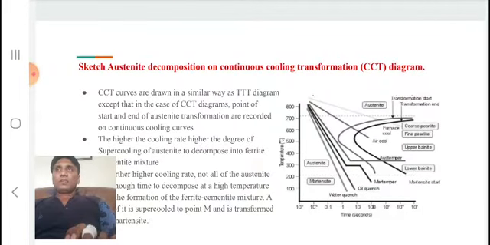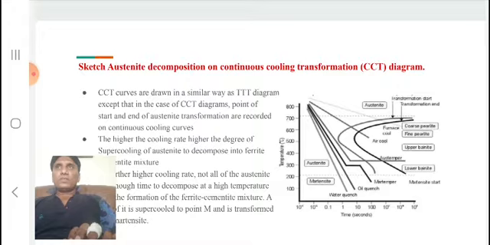So CCT curves are drawn in a similar way as TTT diagrams, except that in case of CCT diagrams, the start and end points of austenite transformation are recorded on continuous cooling curves. This is what I have been discussing. In this, the transformation is not occurring at constant temperature. That is the main difference between the isothermal transformation and the continuous cooling transformation. It is purely on a continuous basis.